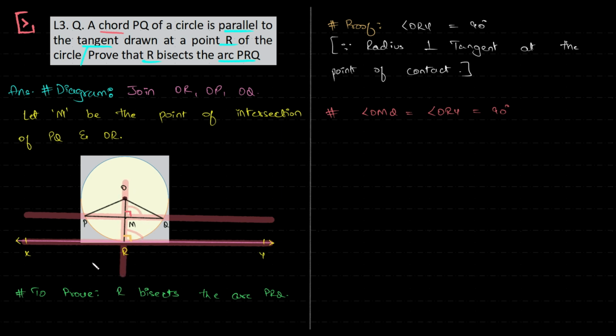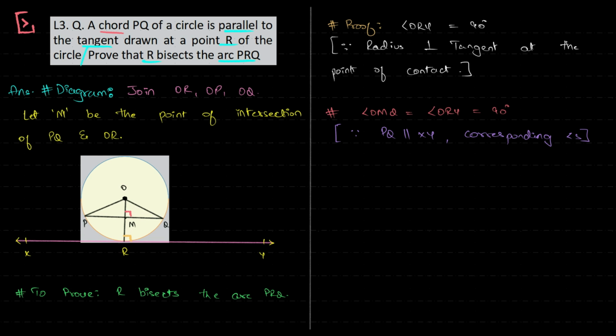These are your corresponding angles. Does it make sense? Right? So this is because of PQ being parallel to XY, and the angles are corresponding angles. Okay, sweet and short. Don't make it too clumsy. That's enough. The language is enough.